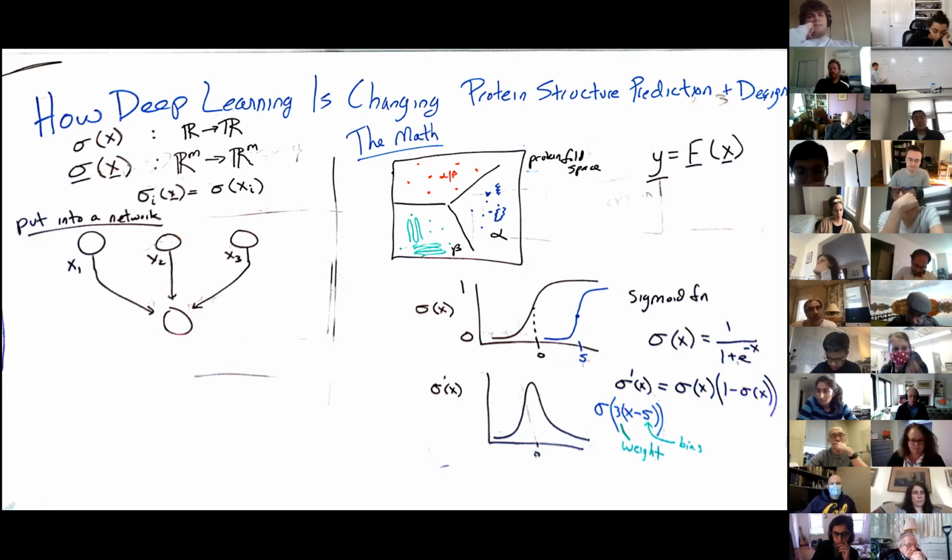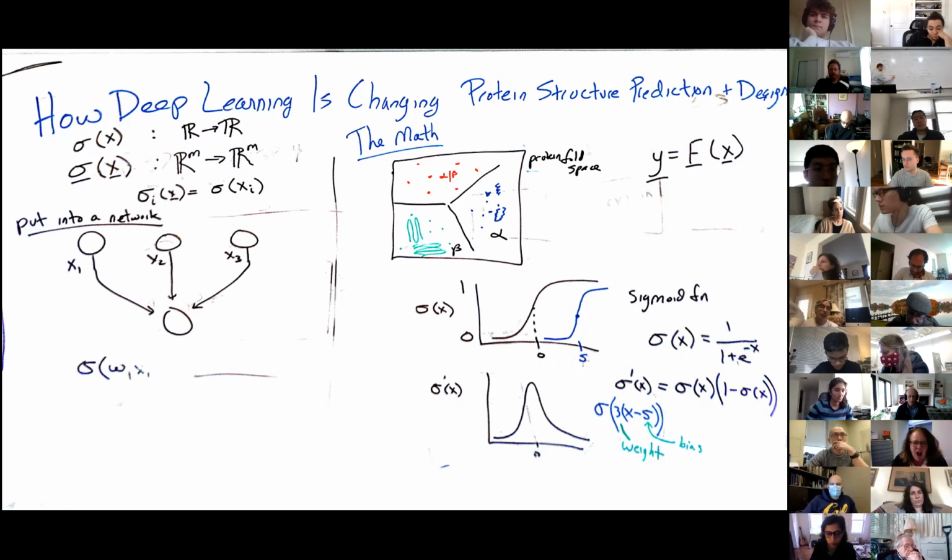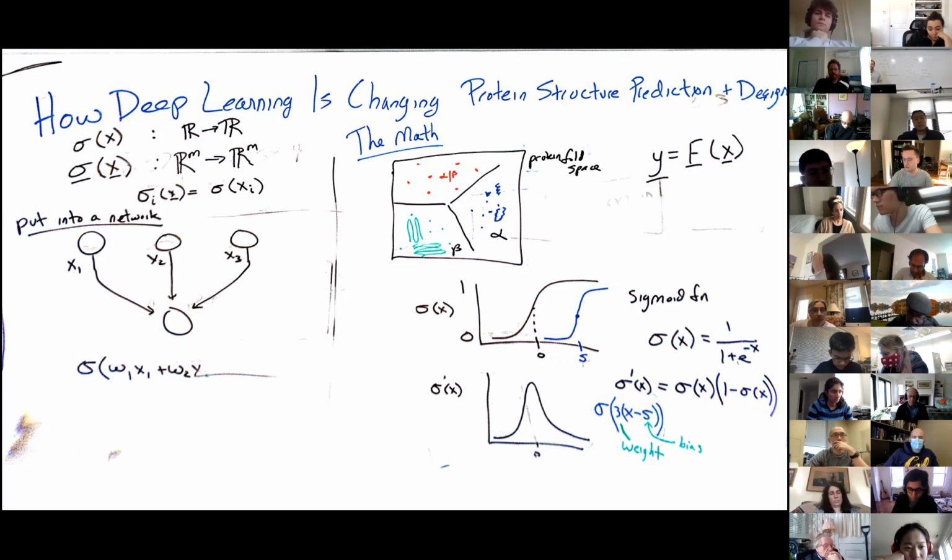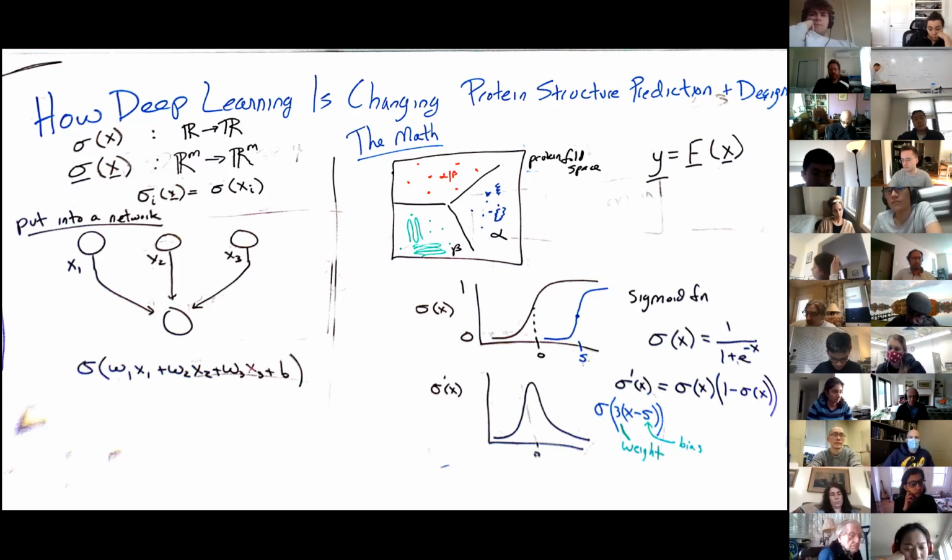So I'm going to take sigma of some weight times the first input, plus another weight times the second input, plus another weight times the third input, plus a bias. I'll take that as the input to my function. Now I have a fitted parameter for each weight, 3 weights for those 3 inputs, and a bias. So I have 4 fitted parameters here. And that's going to be my output, and that output will come out of that node.